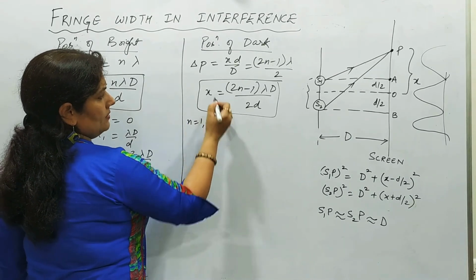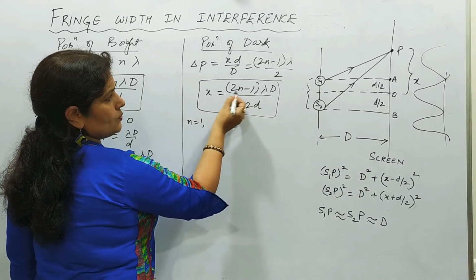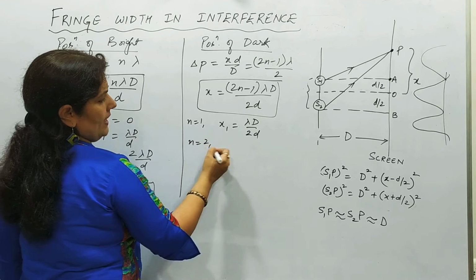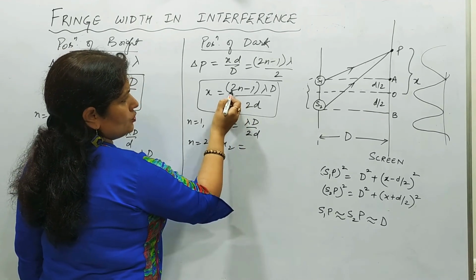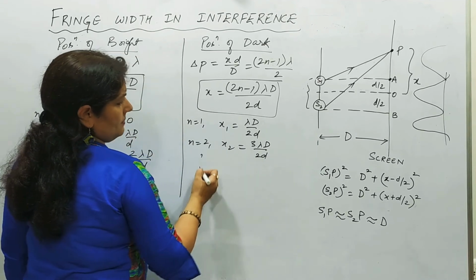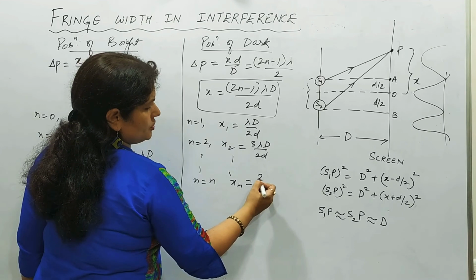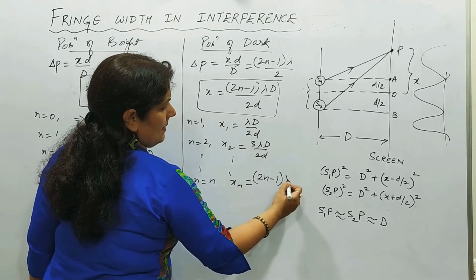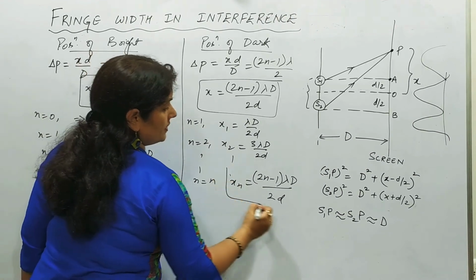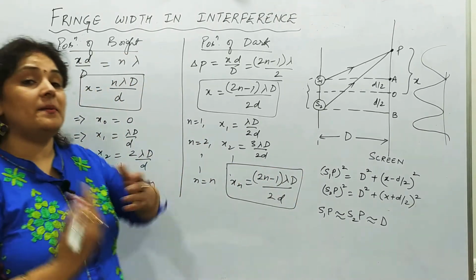Put n as 1, so x1 will be lambda D by 2d. Put n as 2, x2 will be (2 times 2 is 4, minus 1) 3 lambda D by 2d. Similarly, putting n as n, xn will be (2n minus 1) lambda D upon 2d. This is the position of the dark fringe.